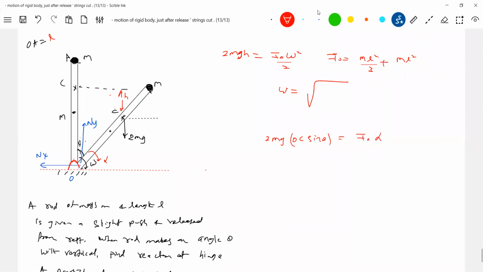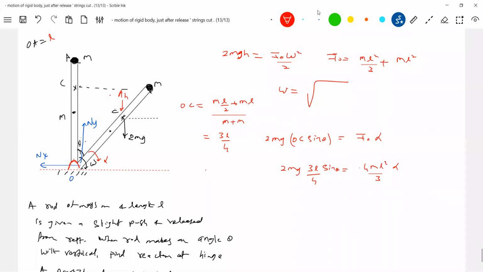How to calculate OC? Any center of mass formula shall apply. Distance OC equals (m L by 2 plus m L) divided by (m plus m), which is 3L by 4. Substituting, 3L by 4 sine theta equals 4mL squared by 3 into alpha, the moment of inertia. So I'll get alpha.